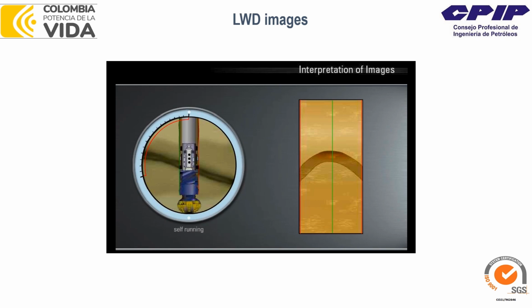From this slide, you just have to understand how the LWD images are created. It's like a lay down of the cylinder of the borehole. The central quadrant is what was seen in the bottom, left and right is what was seen in the top, and the two lines in the middle are left and right.